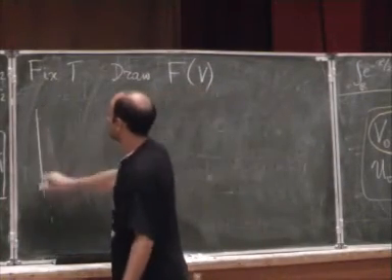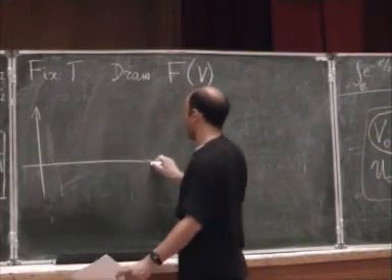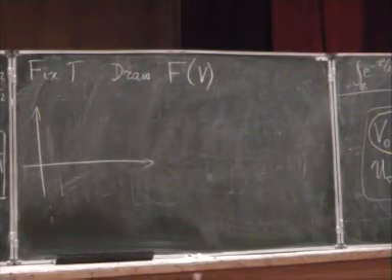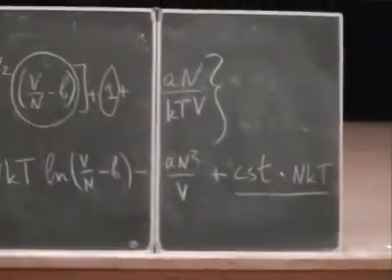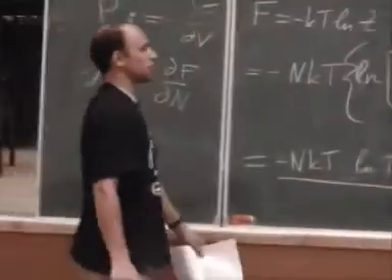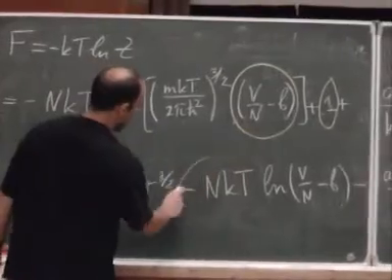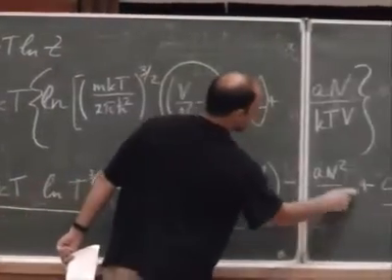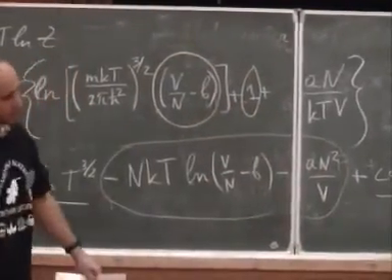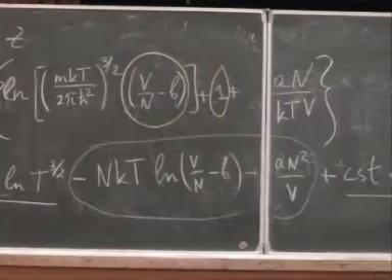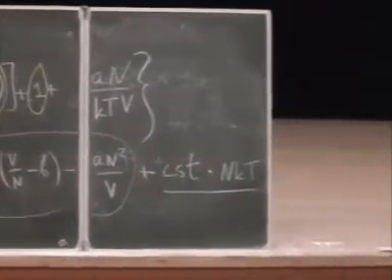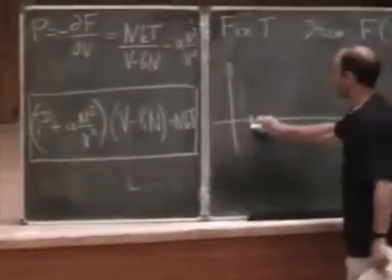So there are two terms. This term is constant if temperature is fixed. This term is also a constant if temperature is fixed. So there are these two terms that I will draw. The first of them, the logarithm, is something like that.